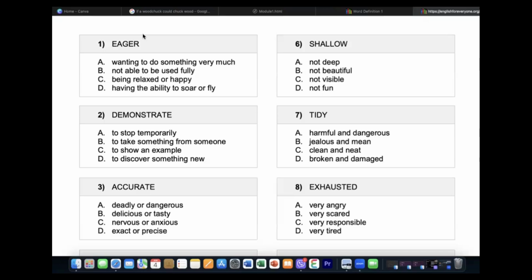The opposite of deep is shallow, meaning superficial, not very complicated, or on the surface. Whether that's a metaphorical example or a literal example, the word shallow means not deep.